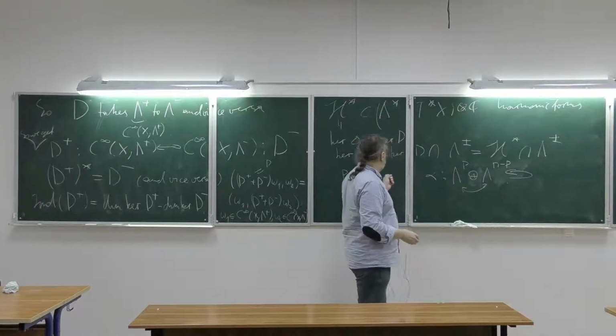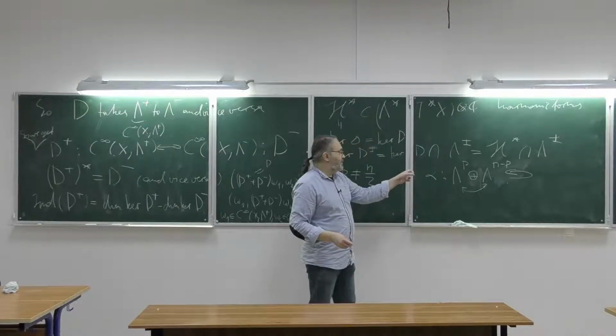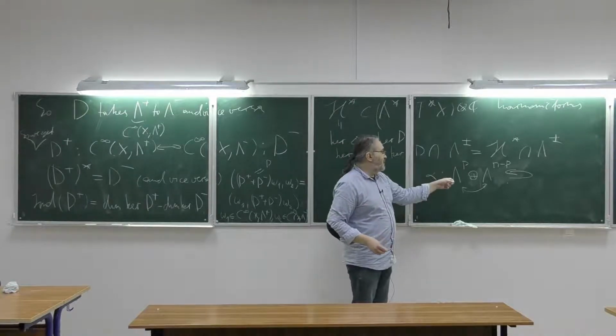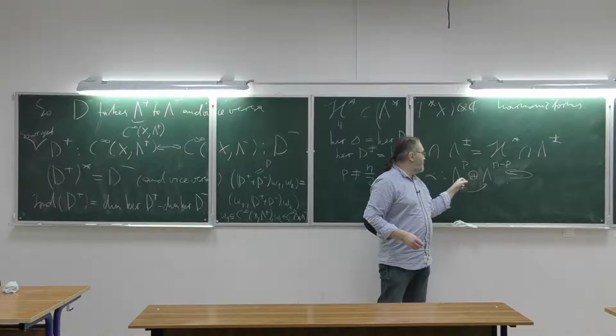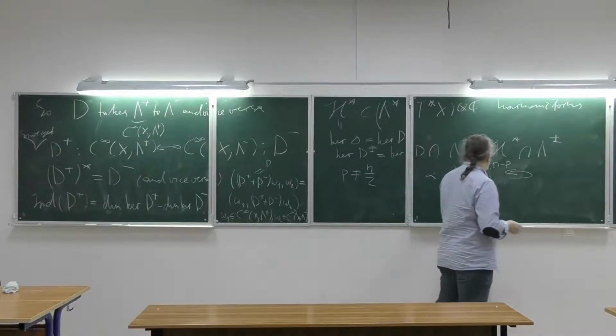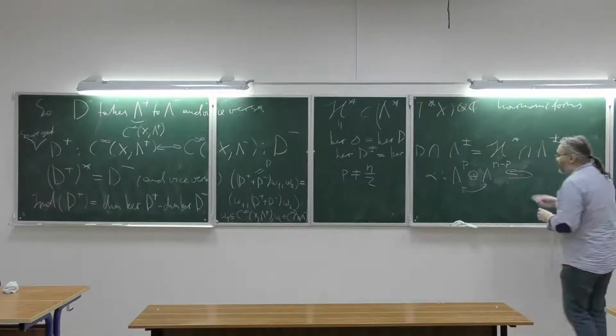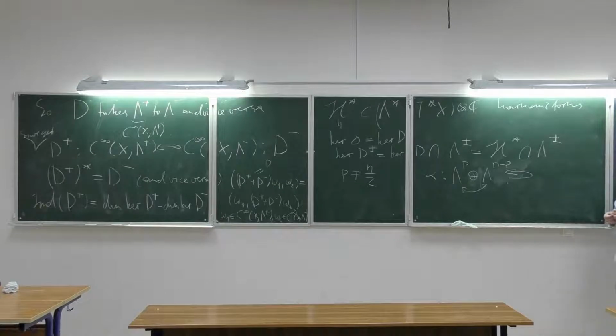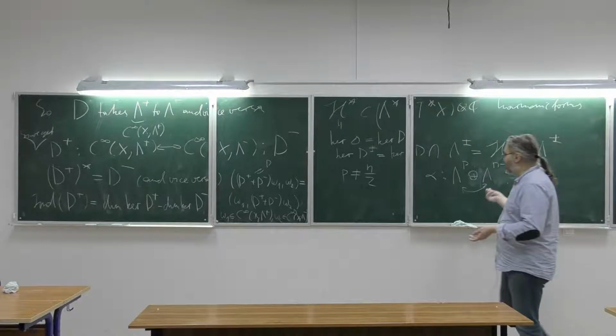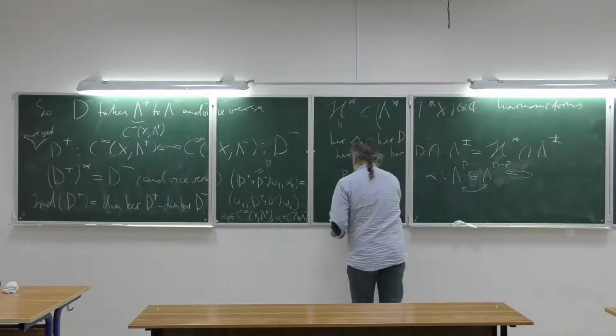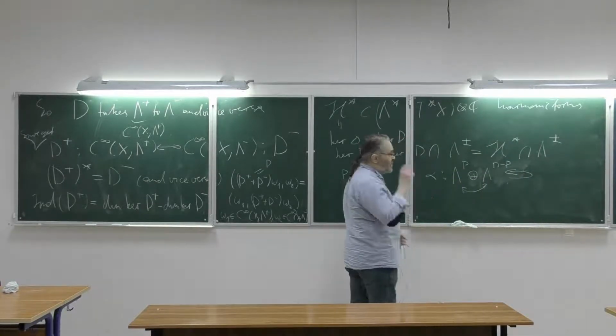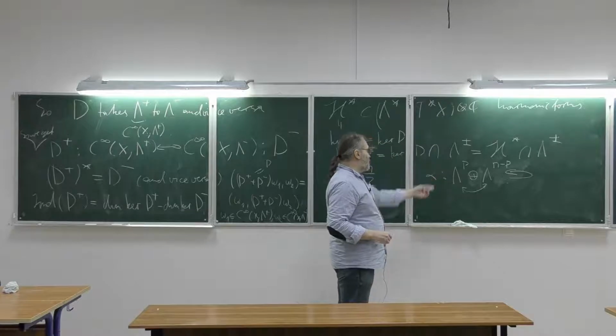If p is not the middle degree, then alpha interchanges lambda p and lambda n minus p and squares to 1.